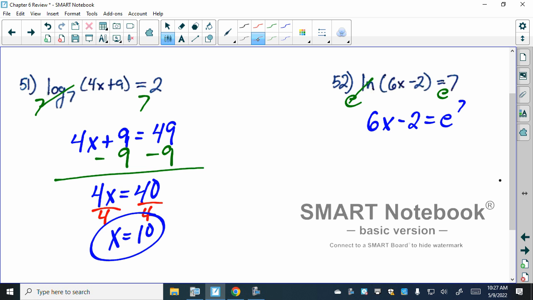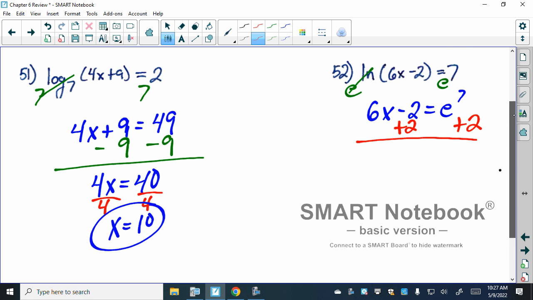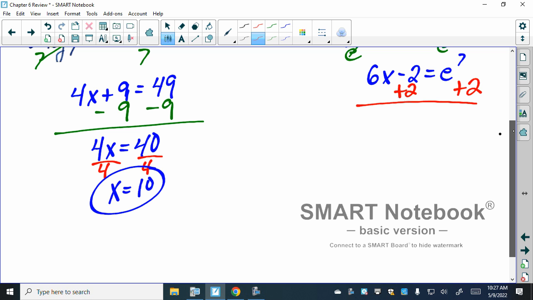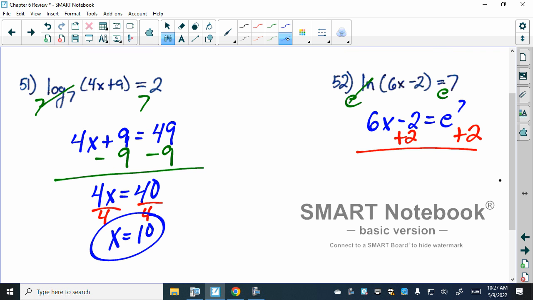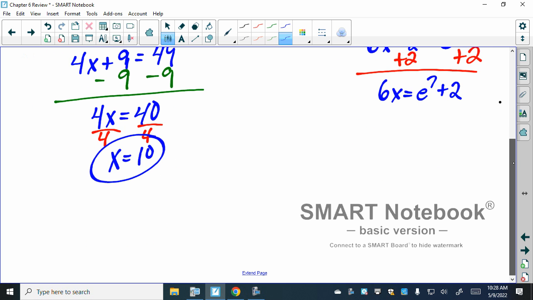Now, here, e to the 7 is not a nice number. So we'll leave it. We will type it all into the calculator at the end, because the more we approximate a decimal as we work through this, the farther away from the actual answer we're going to get. So the first thing we can do is add 2 to both sides, telling us 6x is equal to e to the 7th plus 2.